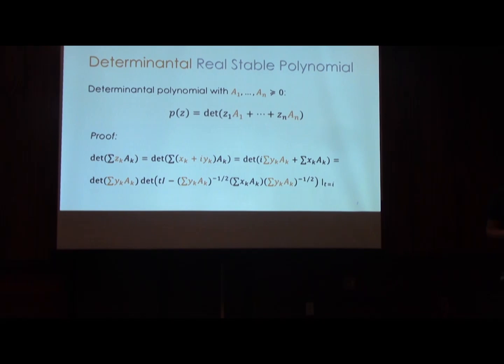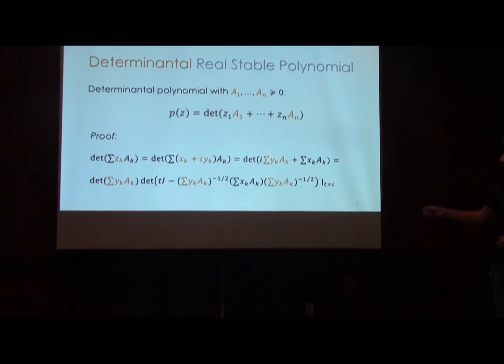Sorry, I didn't follow that argument about the positive. Okay, sure. So I'm assuming that this determinant is zero, right? And I'm separating the real part and the imaginary part. Now I'm claiming that this orange part is a positive definite matrix, right? So it's invertible.